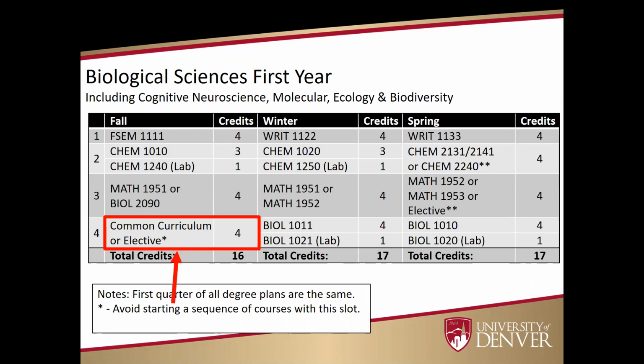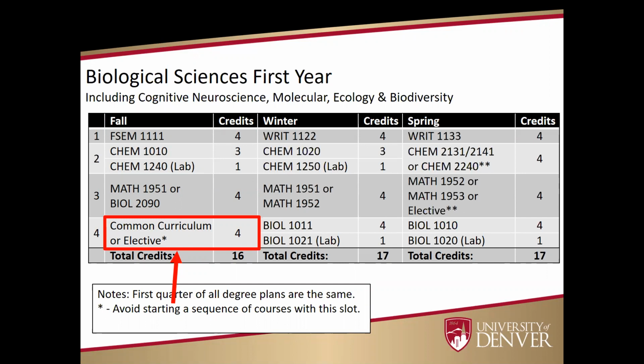So in your 4th slot as a course for fall, you would take something in the common curriculum or something in your elective, but you would avoid something like starting a foreign language sequence, which is first class in fall, second class in winter, and third class in spring, because you're going to begin biology in your winter quarter.